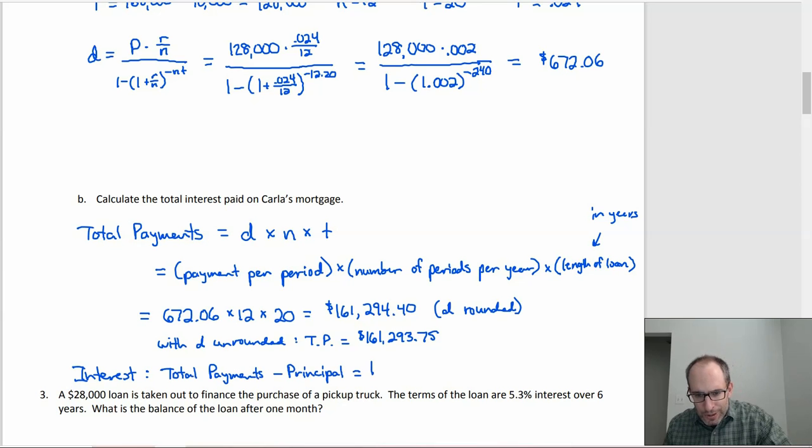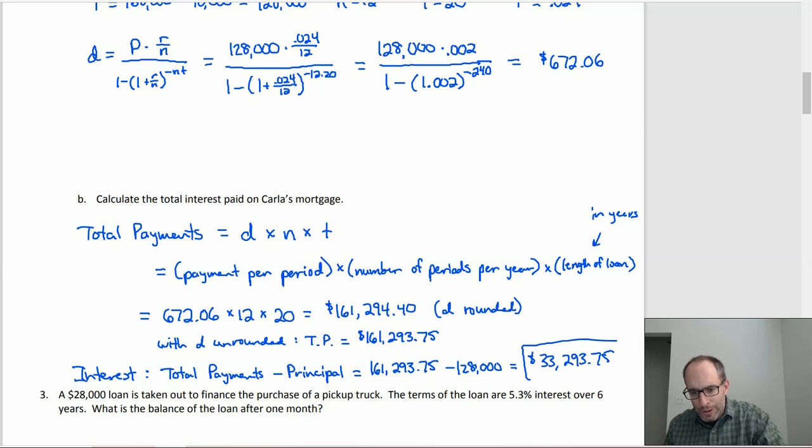I did it with the unrounded D, so 161,293.75 minus 128,000. That's going to end up being 33,293.75.